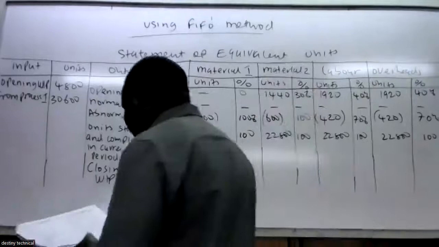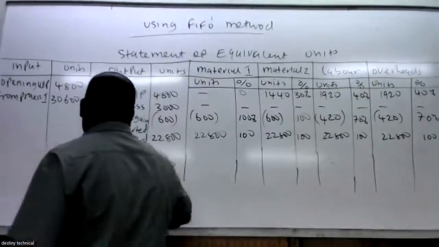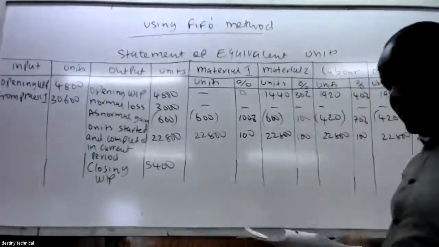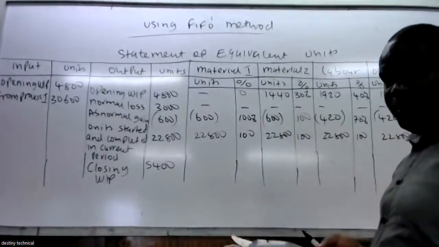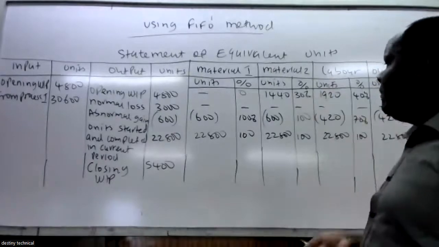Closing stock was 5,400. The degree of completion is 60% for material, but there are two types of materials.